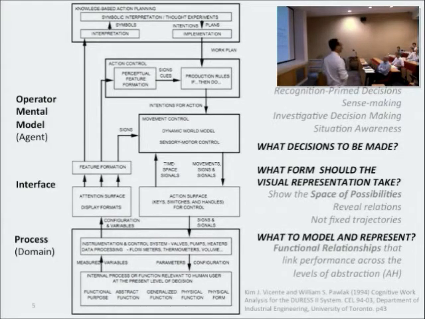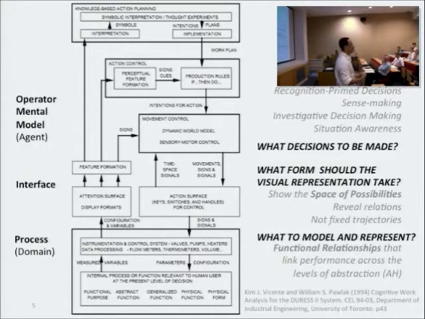And then you want to understand what the purpose is of having that kind of information in that particular format. So you need to understand the kinds of decisions to be made and the nature of those decisions. So are they purely, I'm going to control this particular system, or am I trying to make sense out of the information that's being presented to me? Or, in the case of visual analytics, is it for investigative purposes?